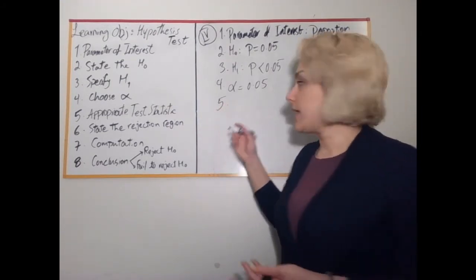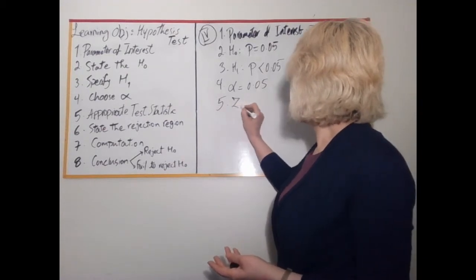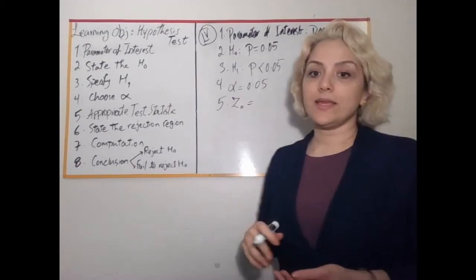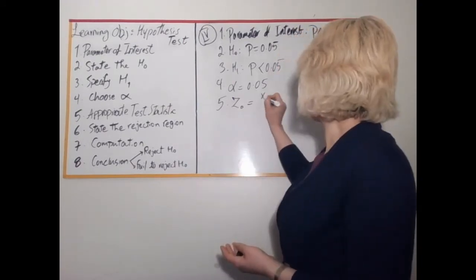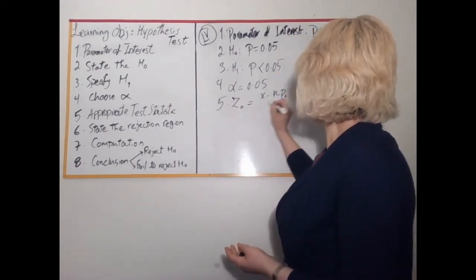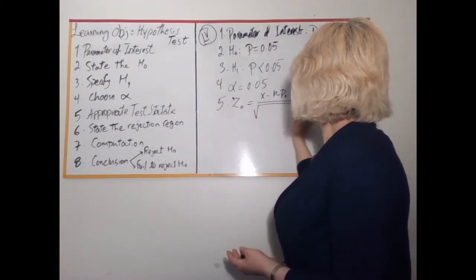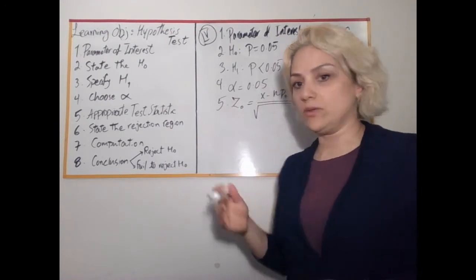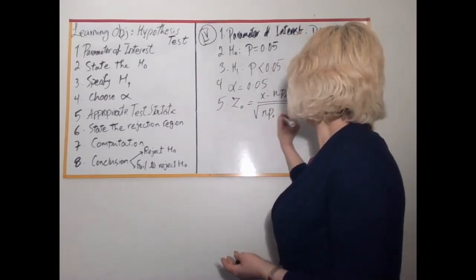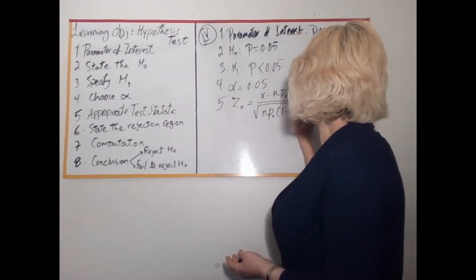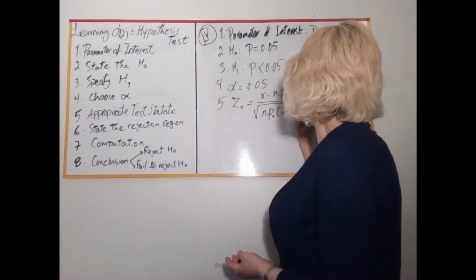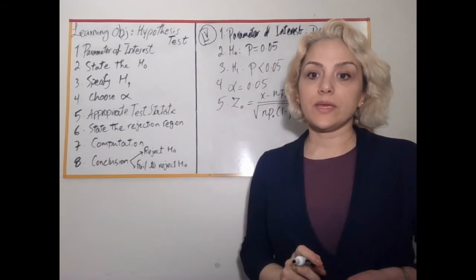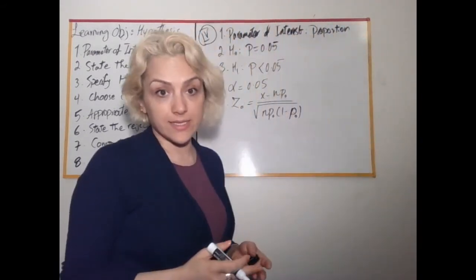So it's going to be Z null equal to x minus n p null, divided by the square root of n p null times 1 minus p null. So that's going to be my test statistic here.